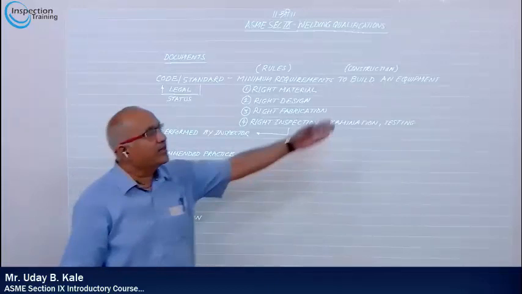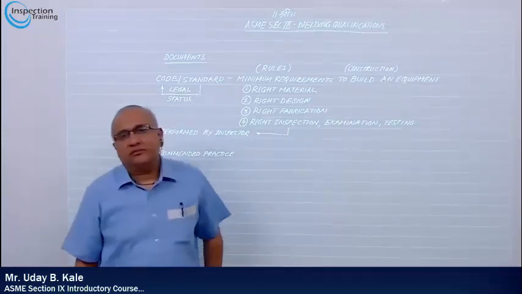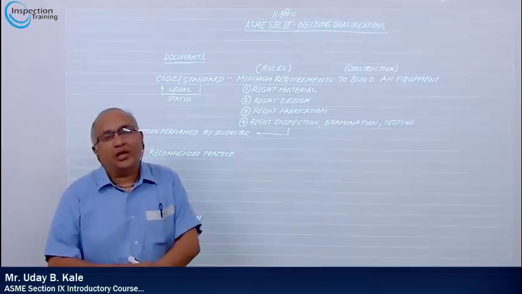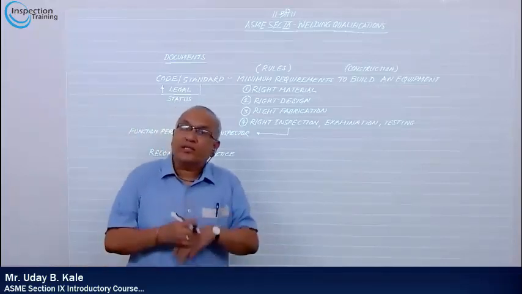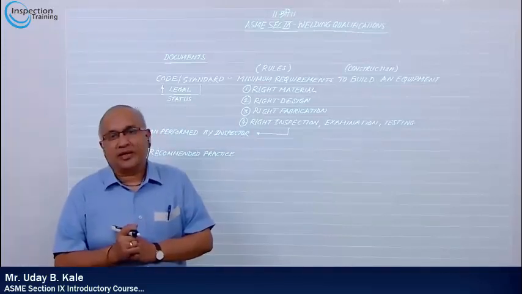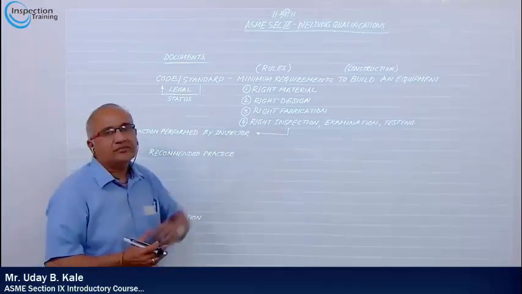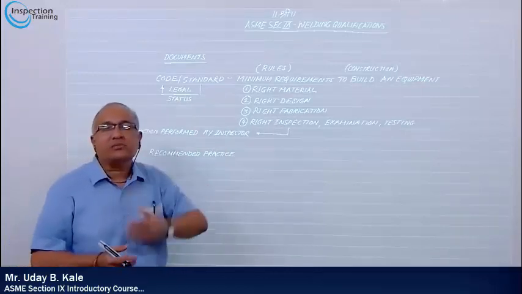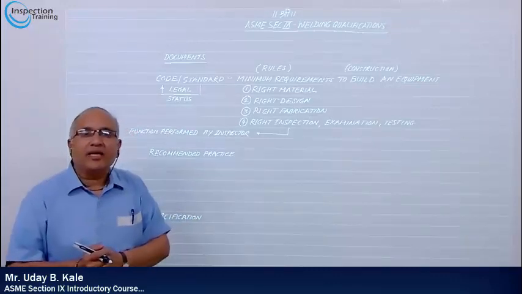So he may appoint an individual person, he may appoint an organization to look after quality control on his behalf, or he may appoint his own employee as inspector. So the function performed by the inspector is inspection.